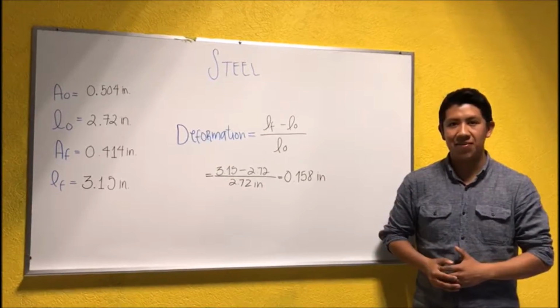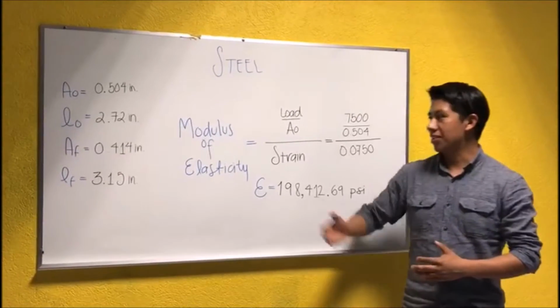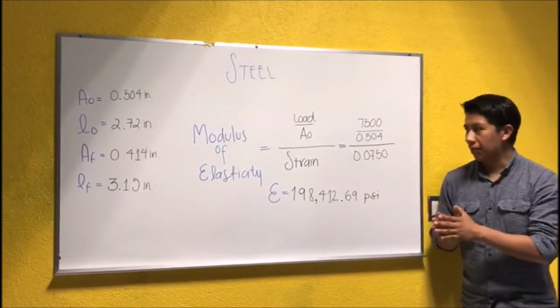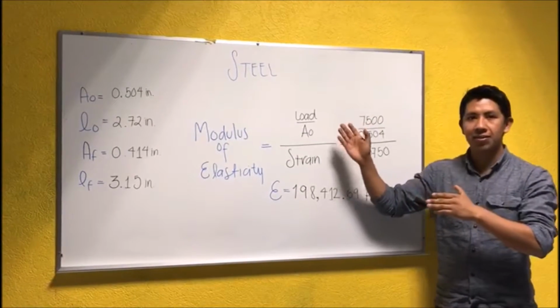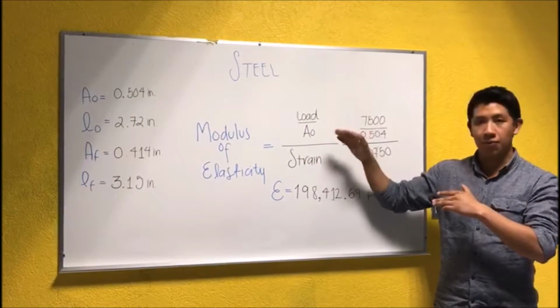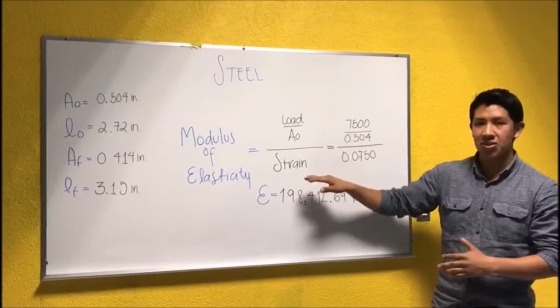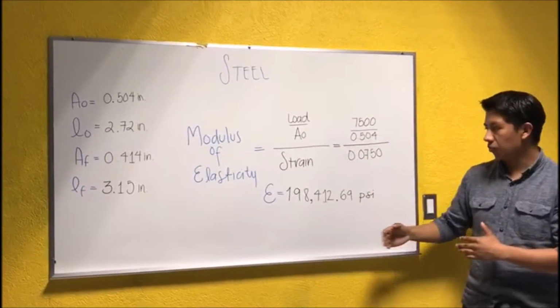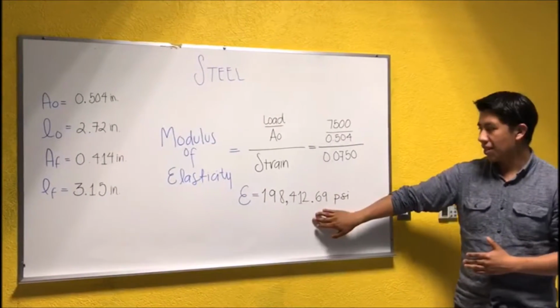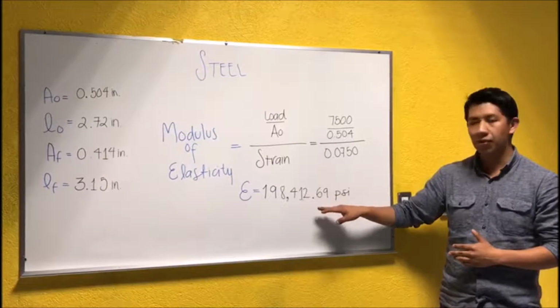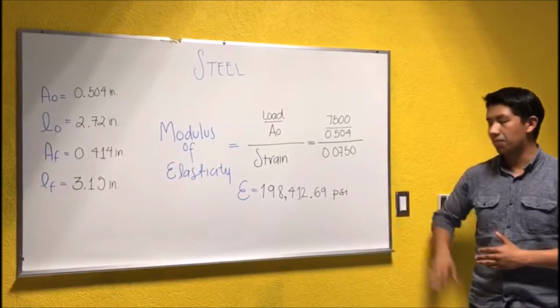The deformation was 0.158 inches. Now I will explain the modulus of elasticity. The formula of the modulus of elasticity is the load that we extract from the graph, divided by the initial area, divided by the strain. As a result, we obtain 198,412.69 psi.